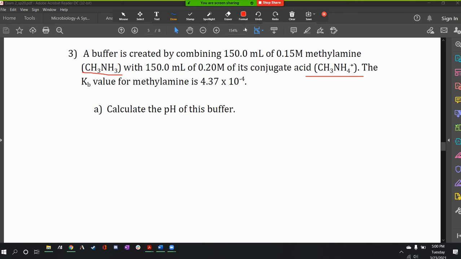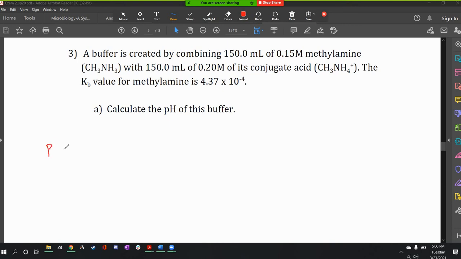Cool. So they say calculate the pH of this buffer. The cool thing about buffers is that we have the Henderson-Hasselbalch equation. I always call it the David Hasselhoff equation, but that's just how I ingrained it into myself. I prefer the David Hasselhoff equation.